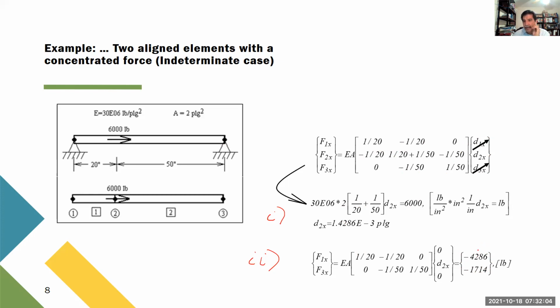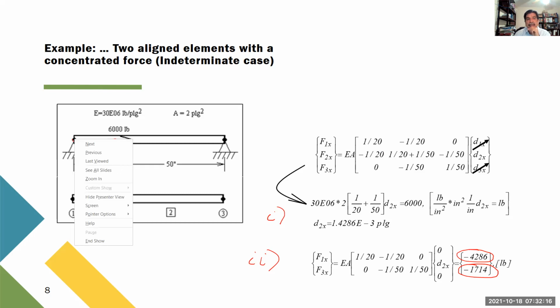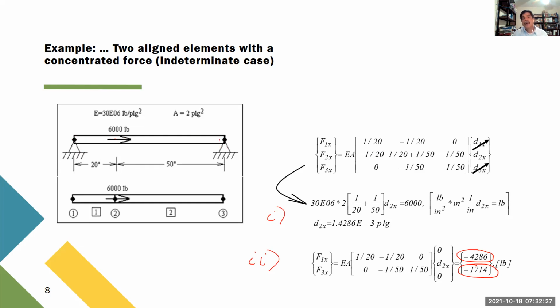We see that this value is larger than this one. It makes sense because you are applying a force closer to this end. So it makes sense to expect that this reaction be higher than this one. When you are very close to this end, basically this point of support doesn't work. Most of the load is going to be taken by this support. So it makes sense.